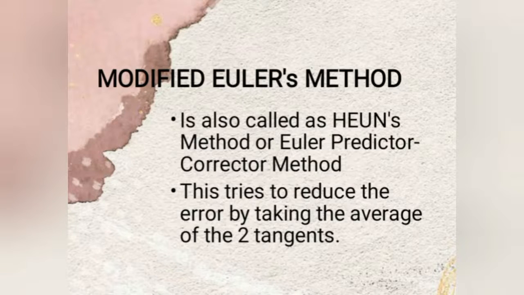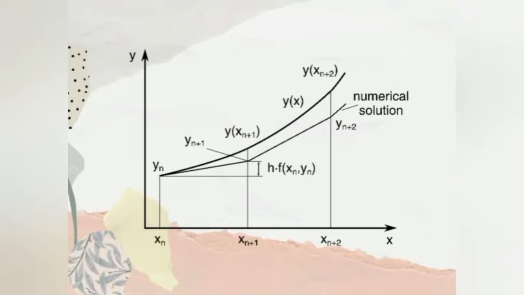In the previous discussion about Euler's method, a tangent line from the first point is used to determine the second point, wherein there's some discrepancy while using that method. There's an error. So this is the graph, as you can see.